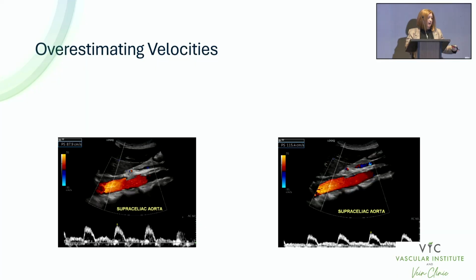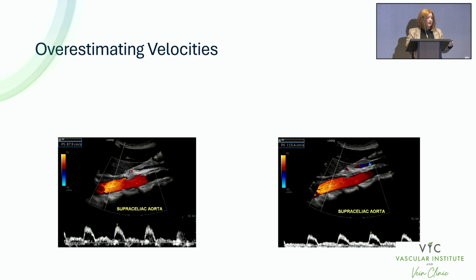Because, let me go back one. You'll see that velocity on that one is 87 centimeters per second, or 88, with the angle corrected. Then off just a little bit, it elevated that velocity to 115.